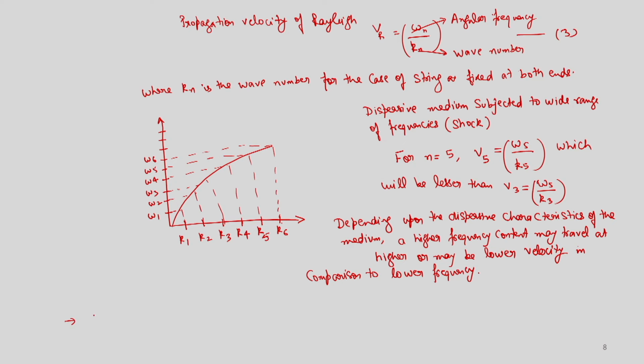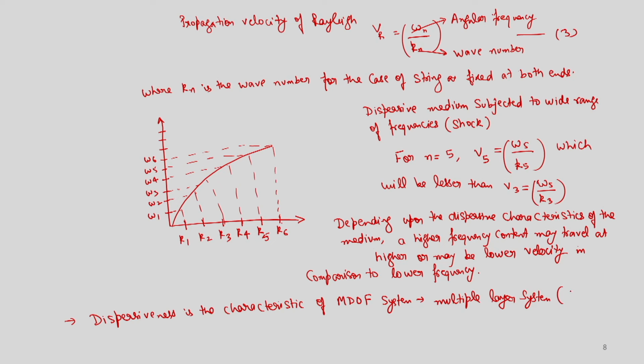So, remember the dispersive characteristic, dispersiveness, is the characteristic of a multiple degree of freedom system, that is, more precisely you can call it a multiple layer system or subsoil stratification.